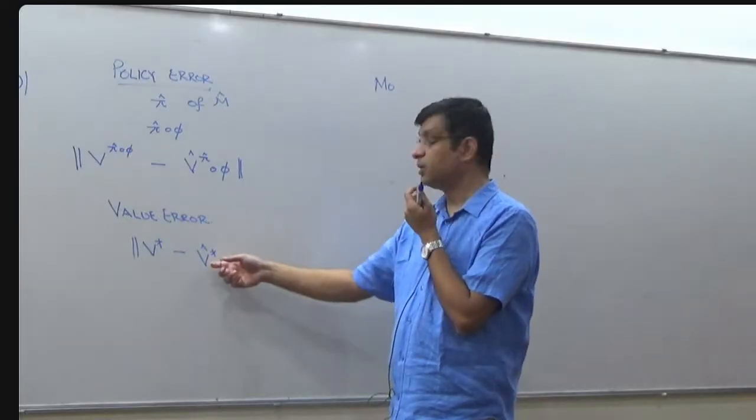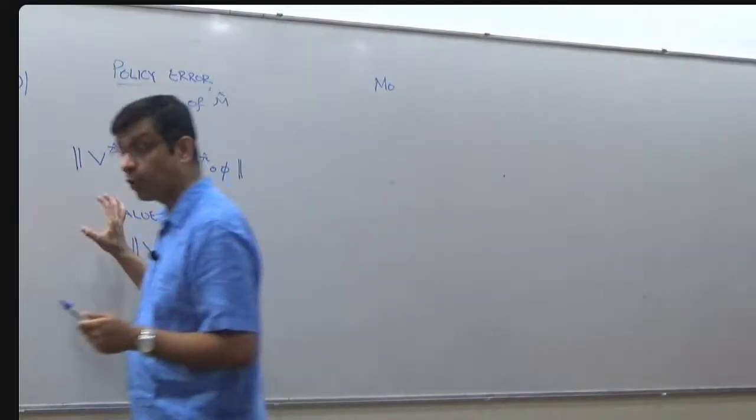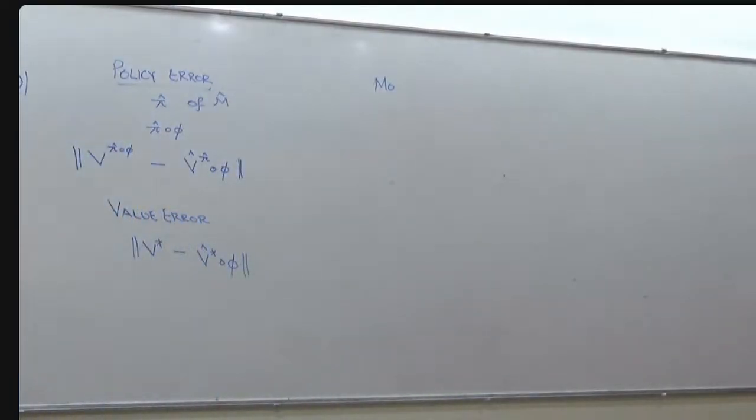Pi hat star will be V hat star, right? So I'm just saying, this is the same question I asked last time. I take my approximate model, I find a value function there, and I ask: is the optimal value function here a good proxy for the optimal value function of the original model? So I'm not asking a different question from last time.